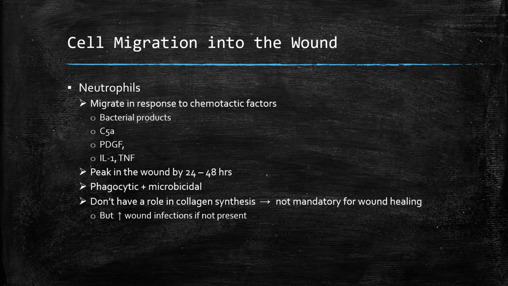Neutrophils peak in the wound by around 24 to 48 hours, and their job is wound debridement and to kill off any invading microbes. As important as neutrophils are, they are not mandatory for wound healing since they play no role in collagen synthesis. So if you ever had to operate on a neutropenic patient, you would certainly have the expectation that they will heal their wounds, but they would have an increased risk of wound infections.